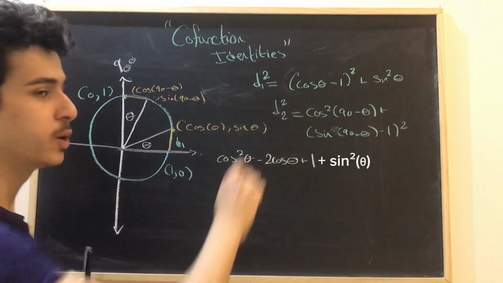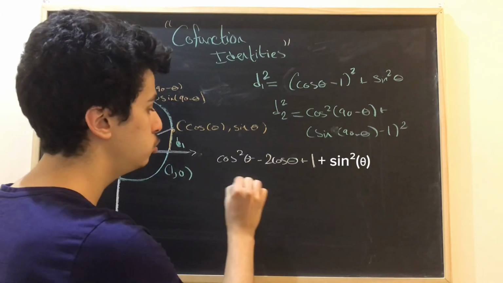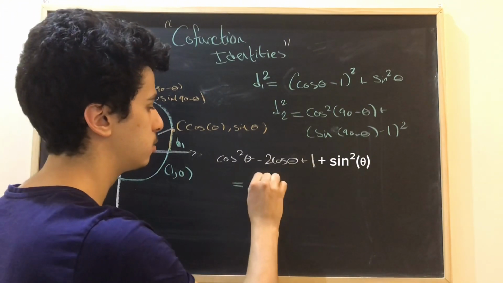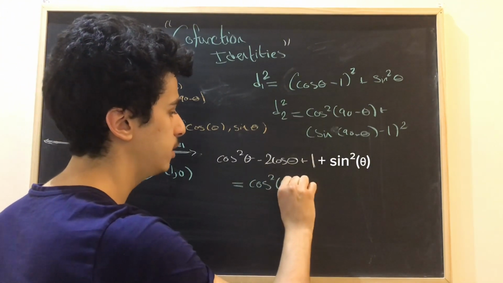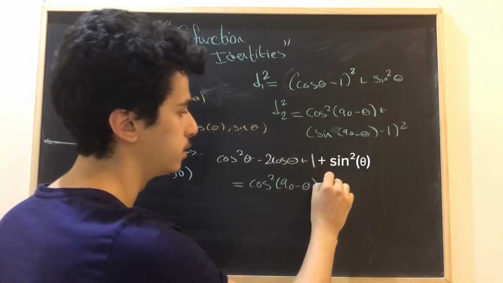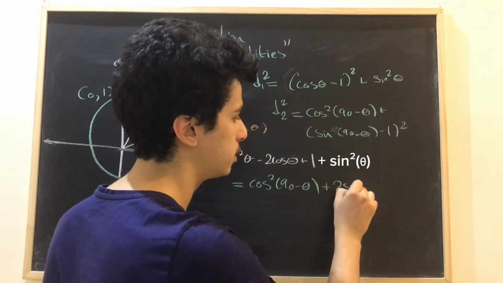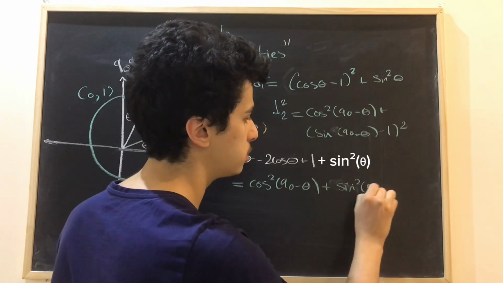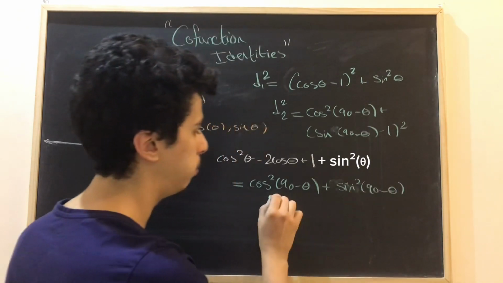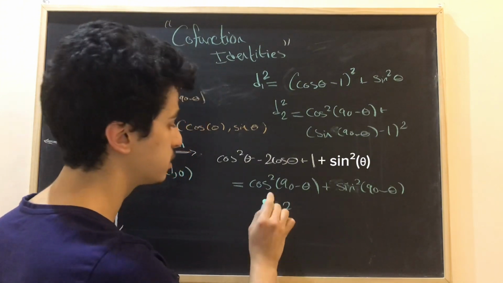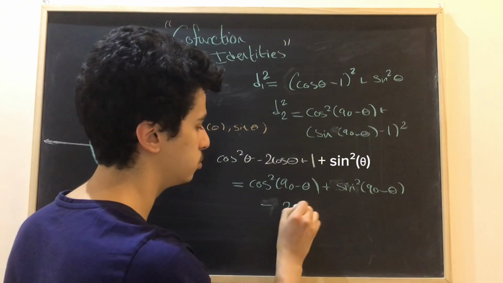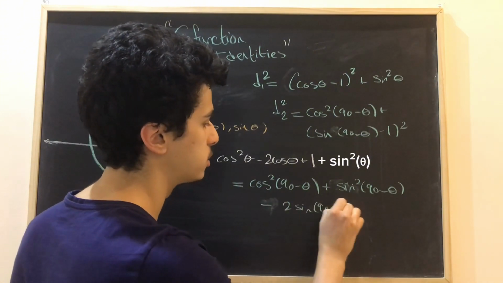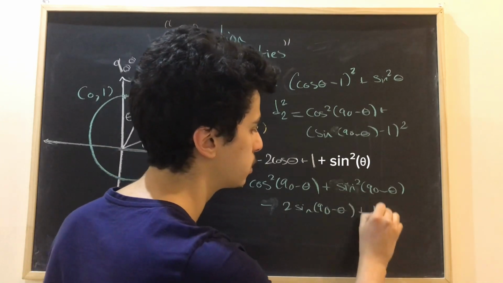Well, they're both squared, but that's fine. d2 being cosine squared 90 minus theta plus sine squared 90 minus theta minus 2 sine 90 minus theta, and of course plus 1.